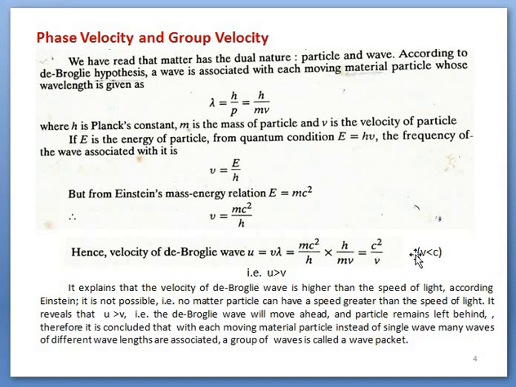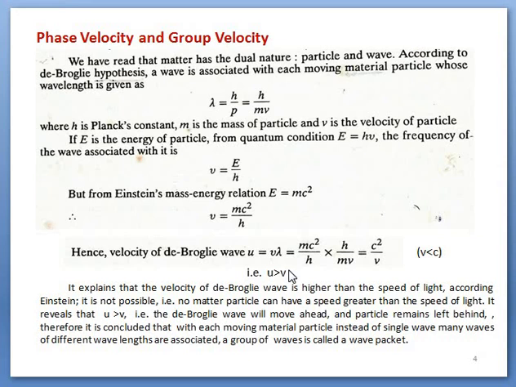The matter particle's velocity is less than c, so this value is smaller than u. So the velocity of the wave associated with a matter particle of velocity v is greater than v. So wave velocity is higher than particle velocity. In other words, the particle remains back and the wave moves ahead.